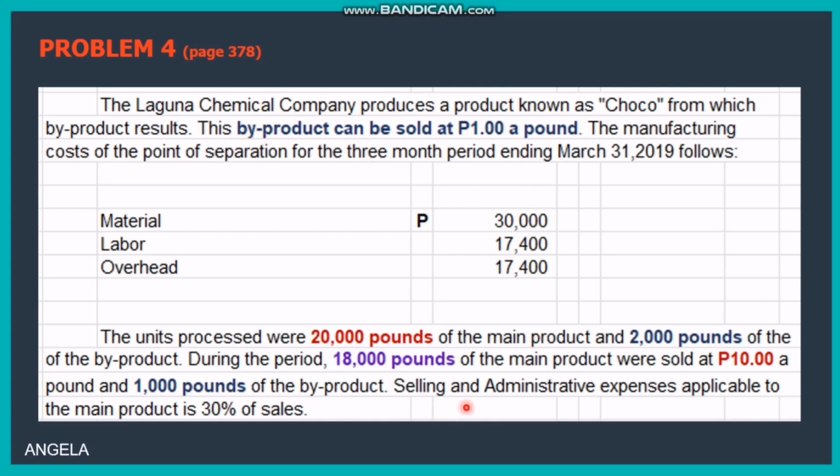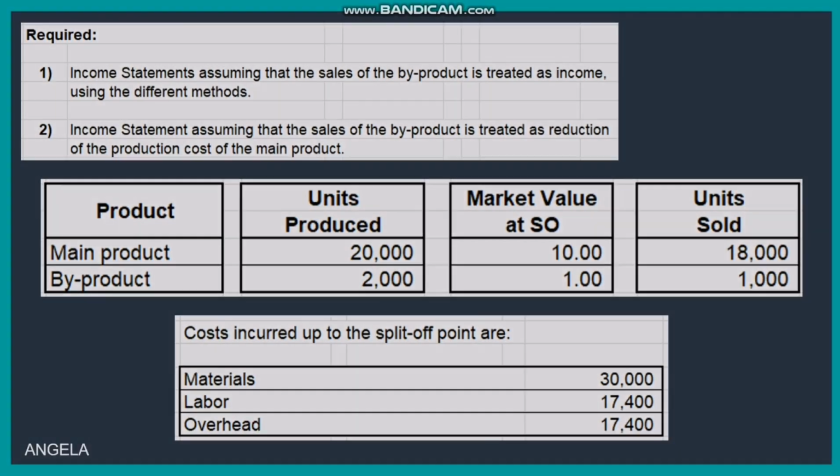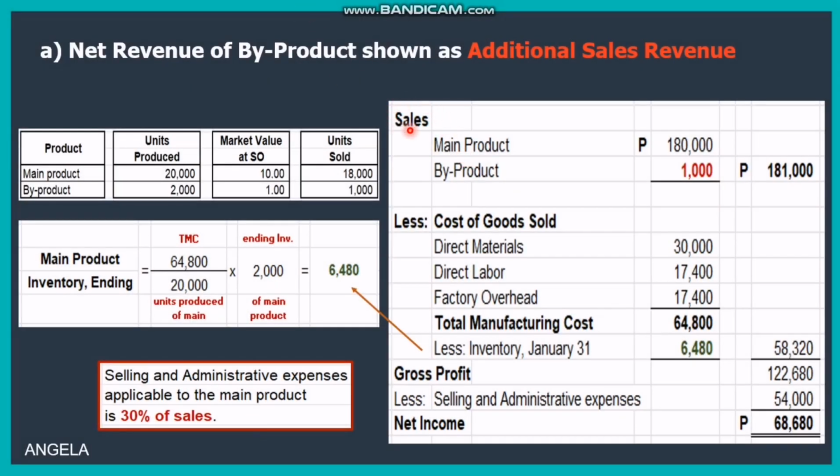Merong selling and administrative expenses, pero applicable lang siya to the main product. Okay. So, yung total sales natin is 180,000 plus 1,000. Meron tayong total sales of 181,000 pesos.